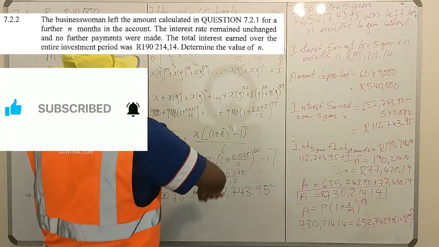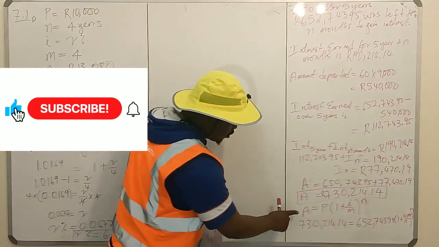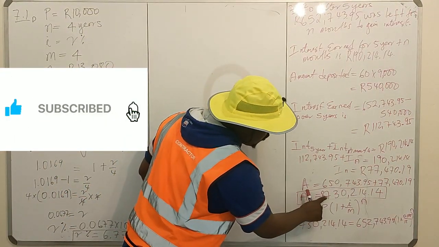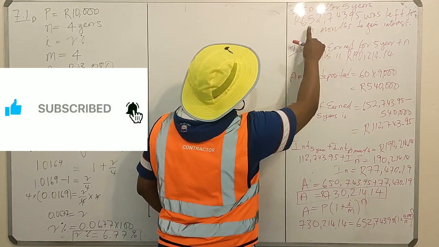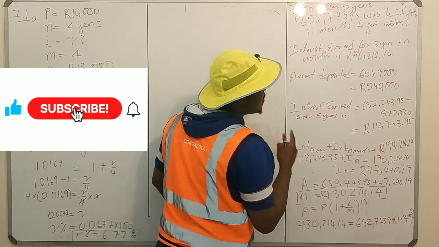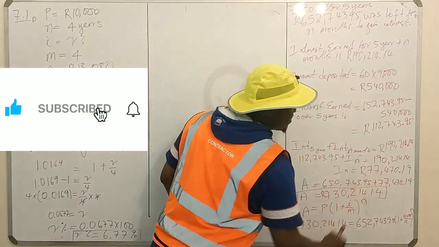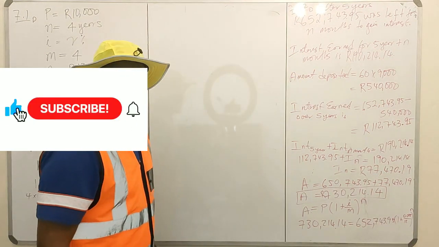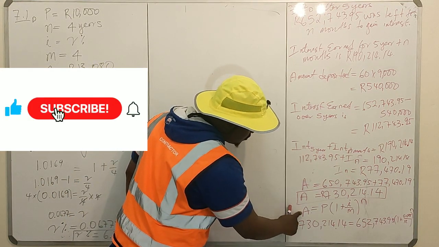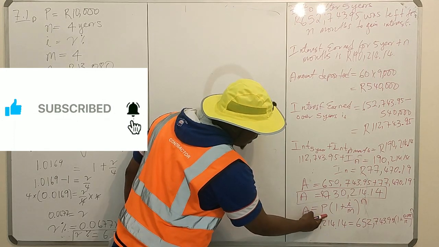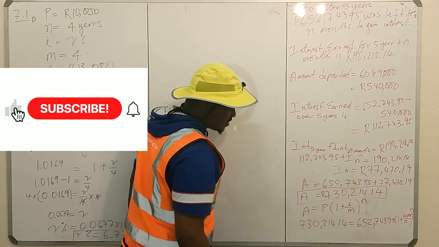So I'll clean the middle part. As I was saying, the accumulated amount is your 652,743.95 plus the interest over that n period, which is 77,470 rands 19 cents, which is this one here. So we have the accumulated amount. We have the initial amount, which is the principal amount, which was 652,743 rands.